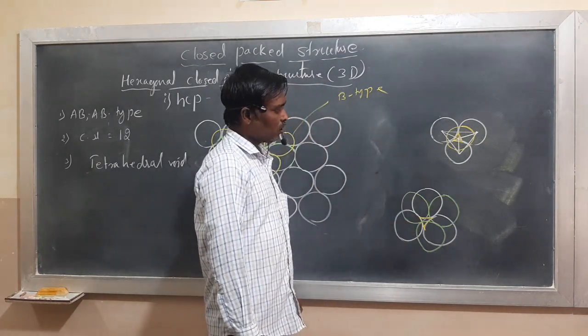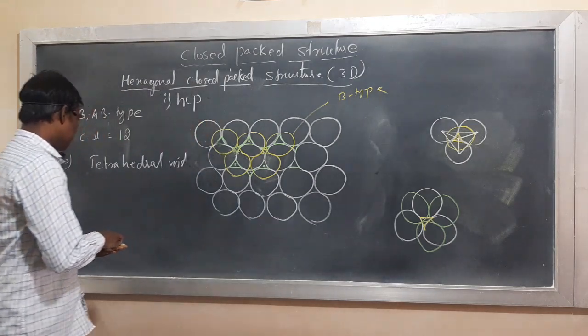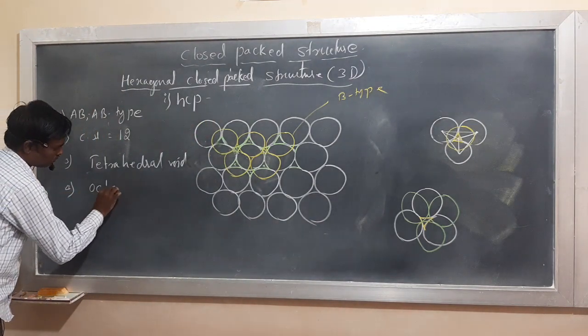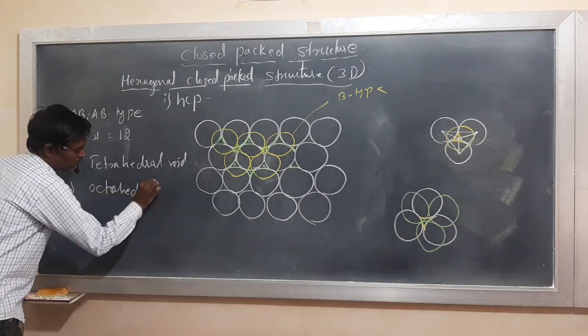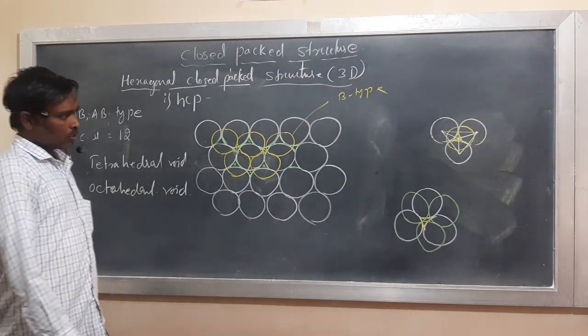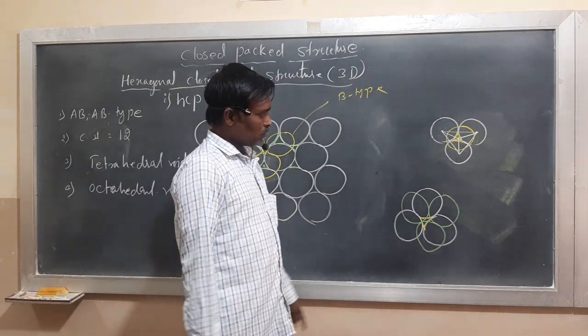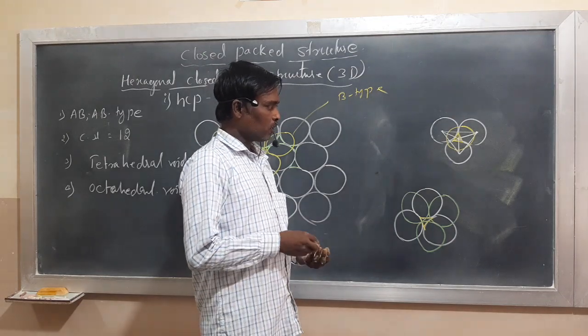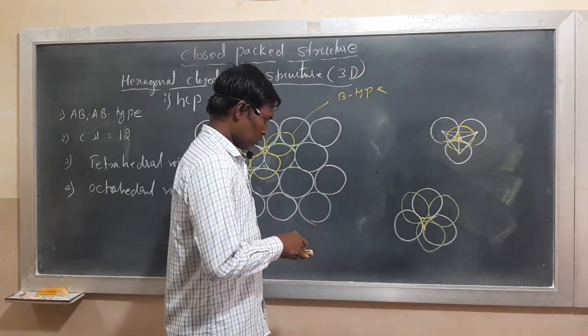Therefore, it is called an octahedral void. That B type of void forms an octahedral void. It is called octahedral because when we join the centers of all these spheres, it forms an octahedron. Let me show you.